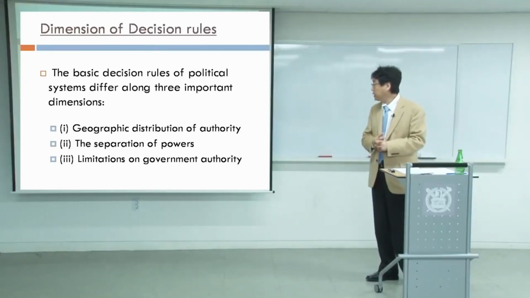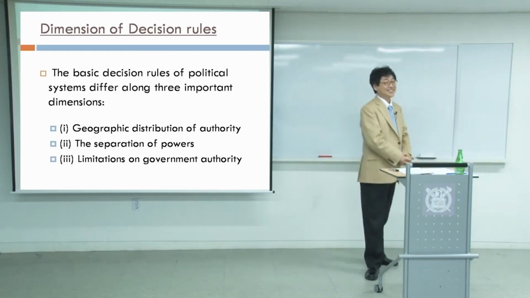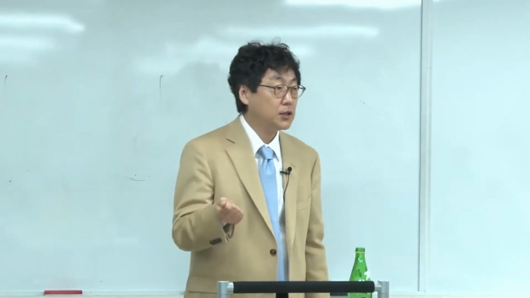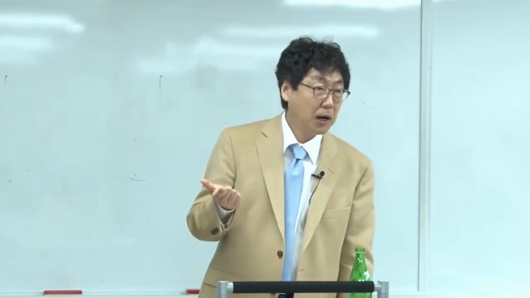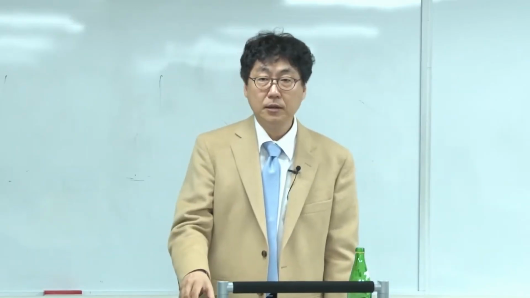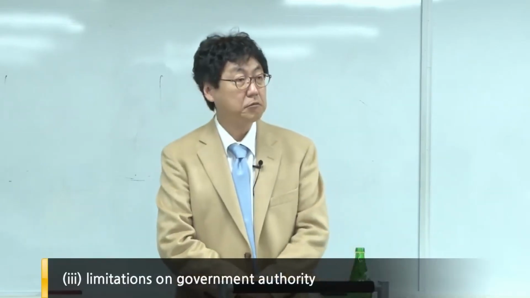So when we discuss the political institutions, we got to look at, one, how power is distributed geographically, two, how power is distributed across different branches, and three, limitations on government authority.